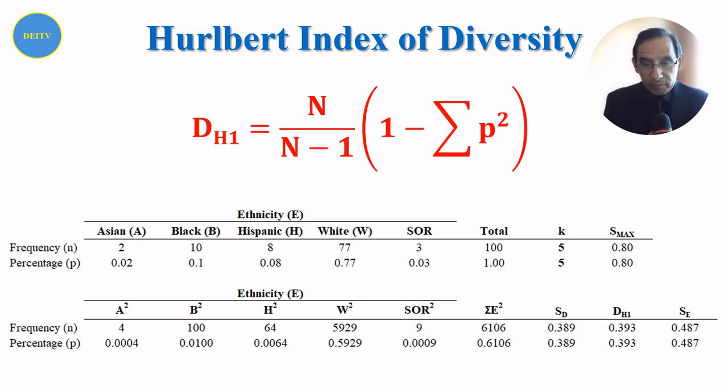When you subtract that from 1, that gives you the Simpson diversity score, which is 0.393.